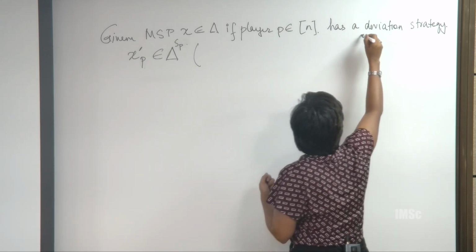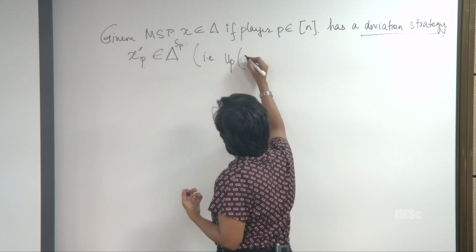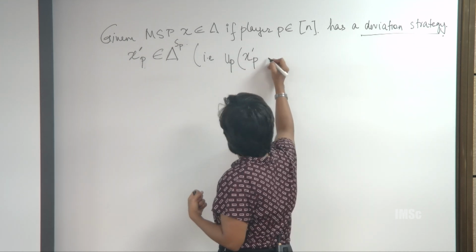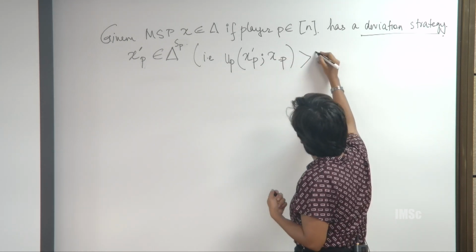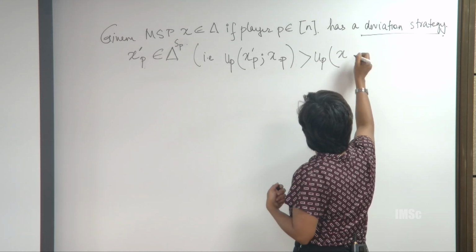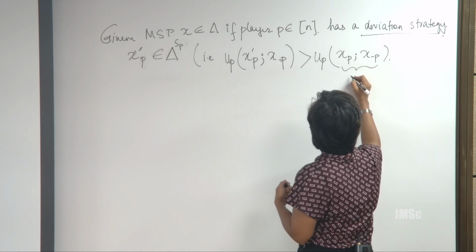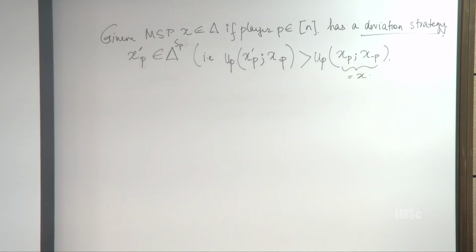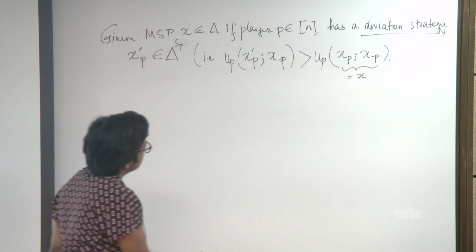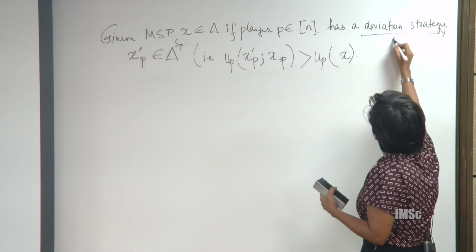Okay. So, the deviation strategy means that the utility of P with X prime P and X minus P is strictly more than UP of X. So, this just means that they are playing X. This is what a deviation strategy means.